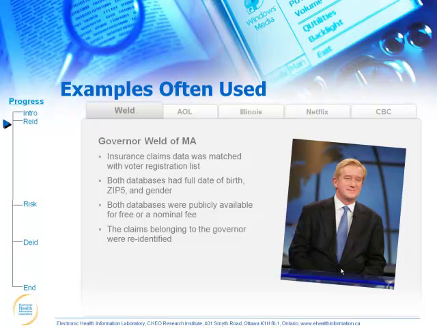So an enterprising researcher took that GIC data and matched it with the voter registration records for Cambridge, Massachusetts, which is where the governor lives, and was able to re-identify the governor's health insurance claims, which includes diagnosis information. So that's one often cited re-identification attack. This is the Weld example.